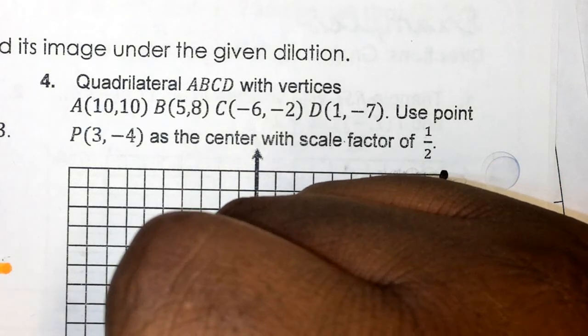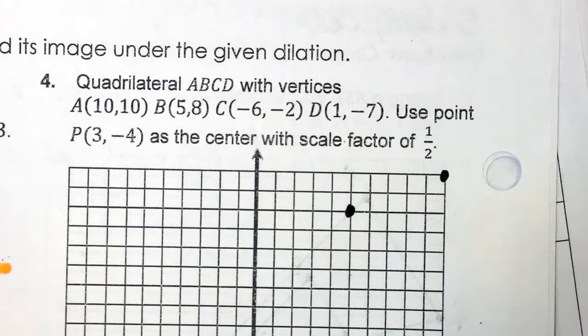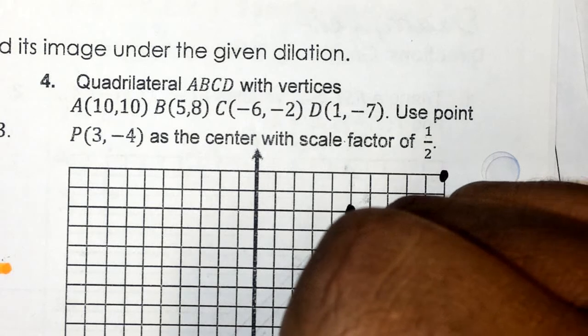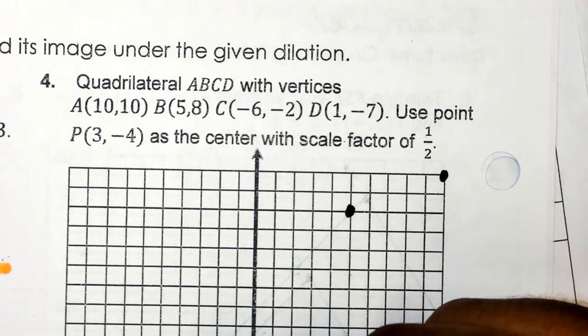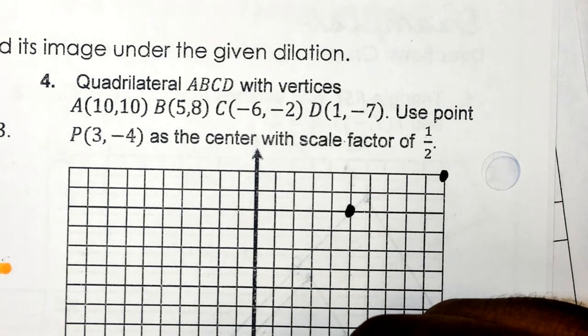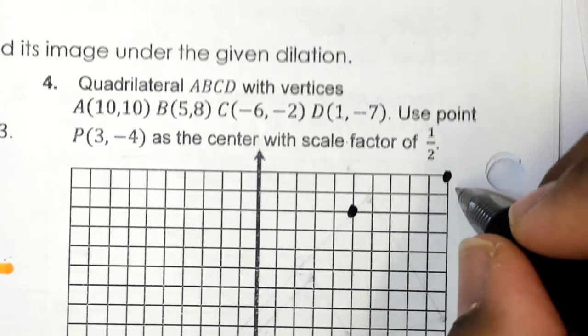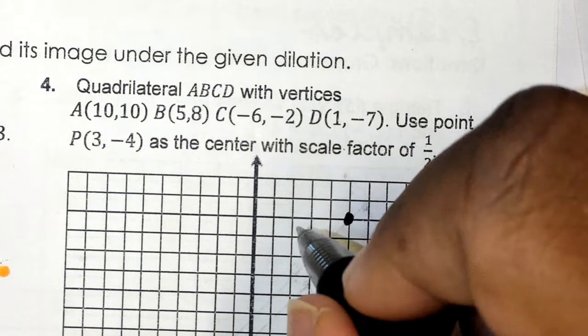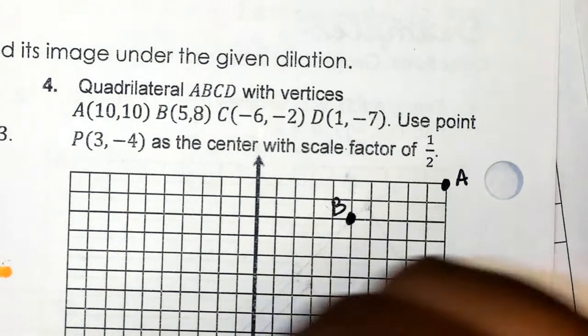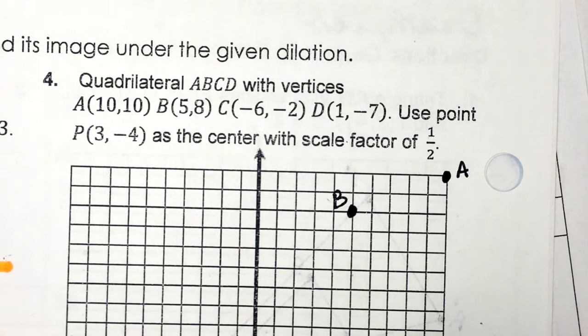Negative 2. And then 1, negative 7. Alright. A, B, C, D.